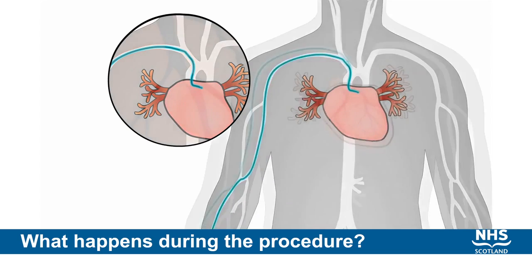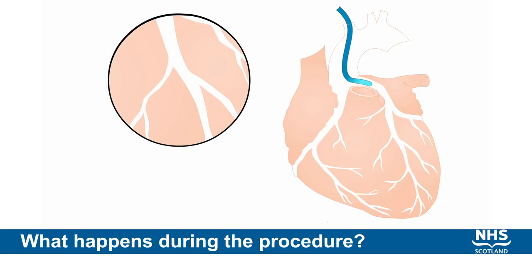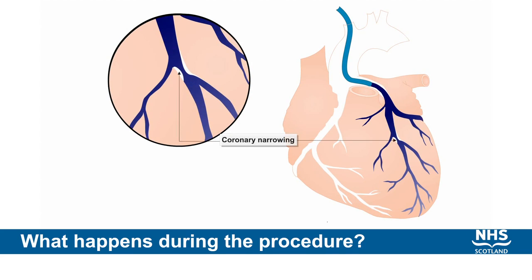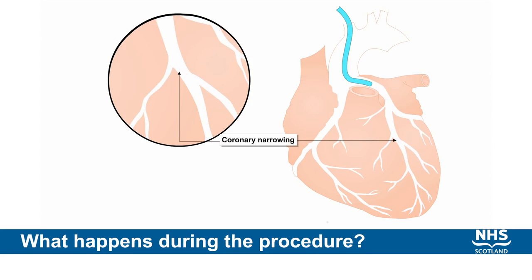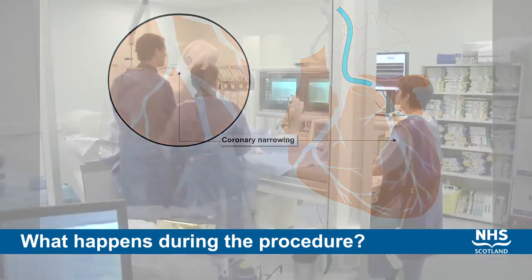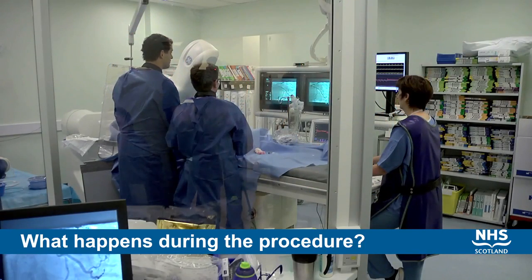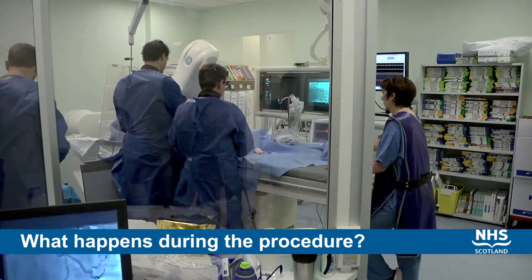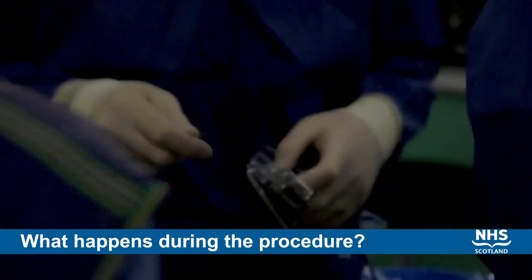We can get an outline of the arteries, and we can also get a very clear picture of the heart chambers. And this is the most sensitive measure we really have of imaging the narrowings in the coronary arteries. We have the option during the procedure of investigating the narrowings more closely using a pressure wire.